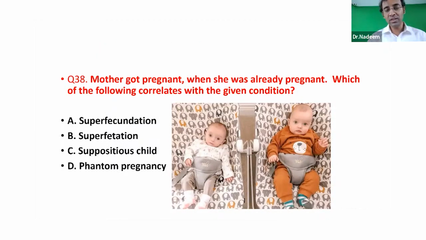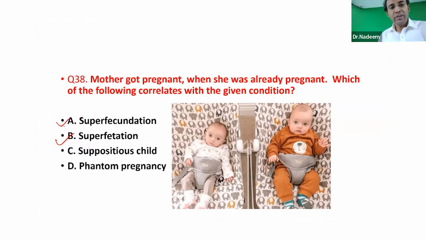What about this one? The mother got pregnant when she was already pregnant. A female who was already pregnant, now there is, tell me. One is called superfecundation, the second is called superfetation.